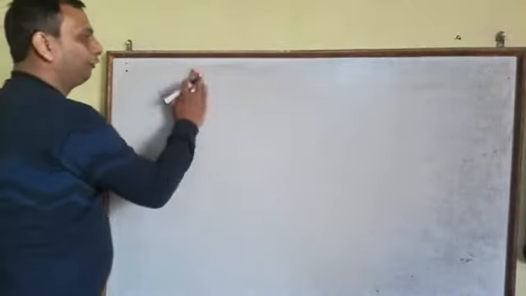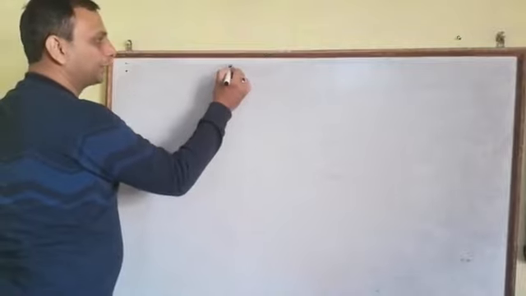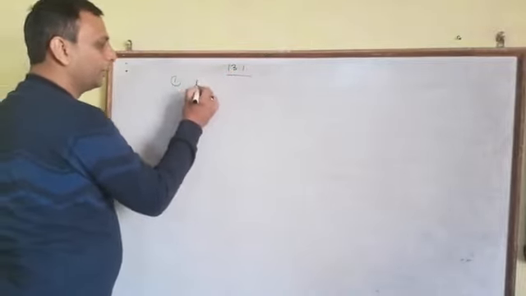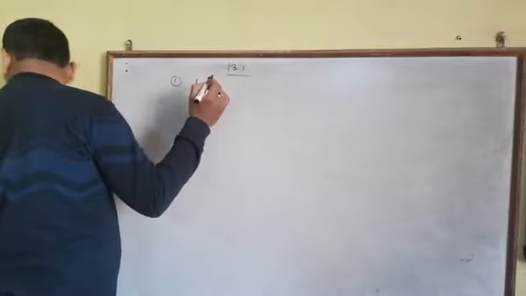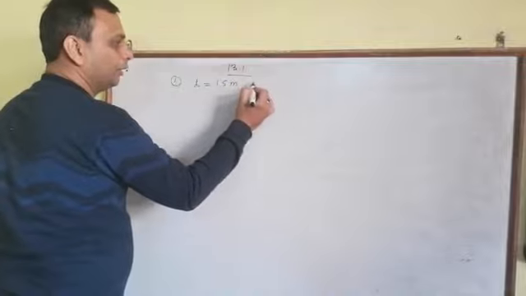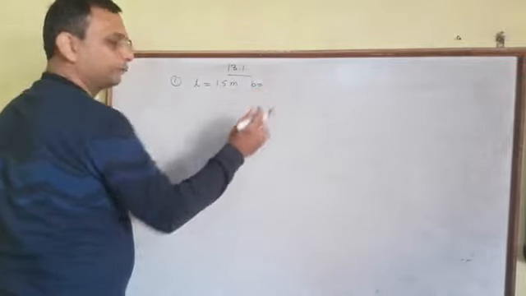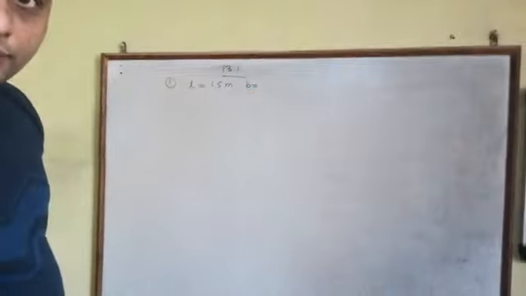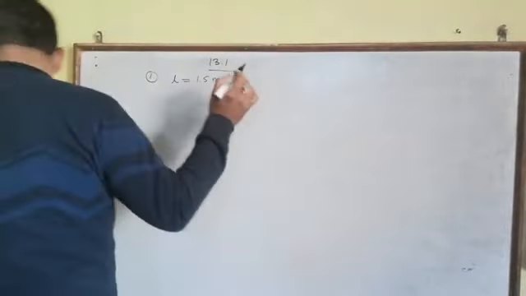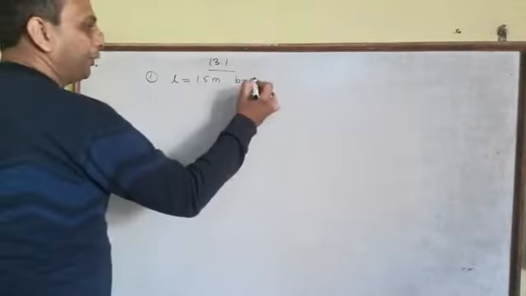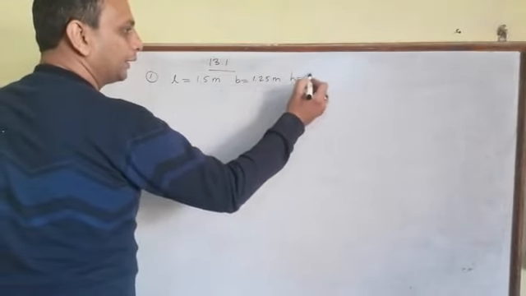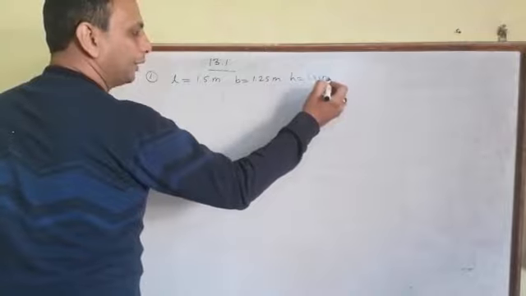So the first question of exercise 13.1: the length is 1.5 meter, the breadth is 1.25 meter, and the height is 65 centimeter.